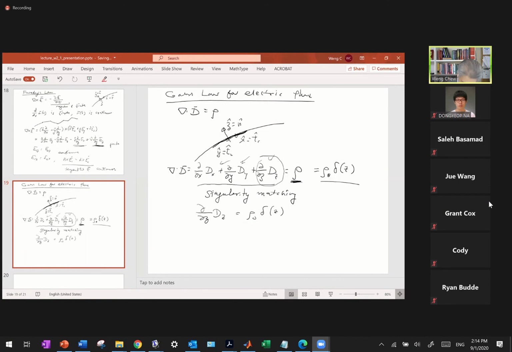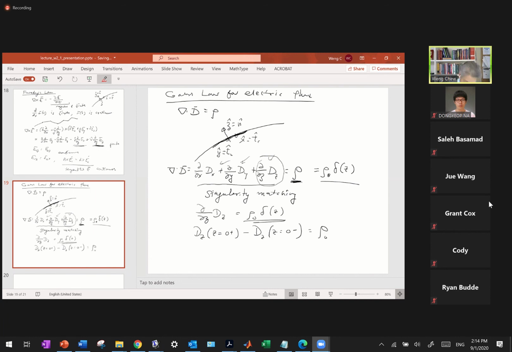Then you can integrate this across the interface. When I integrate across the interface, I will have Dz at z equal to 0 plus minus Dz at z equal to 0 minus, and when I integrate the delta function across the interface, I just get 1.